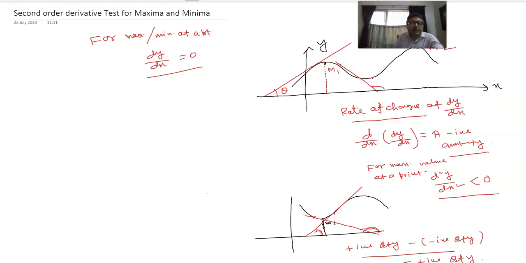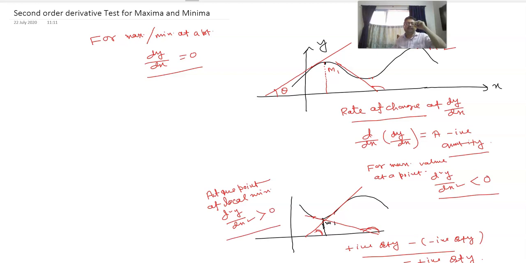So at the point of local minima, d square y by dx square should be greater than 0. Okay.